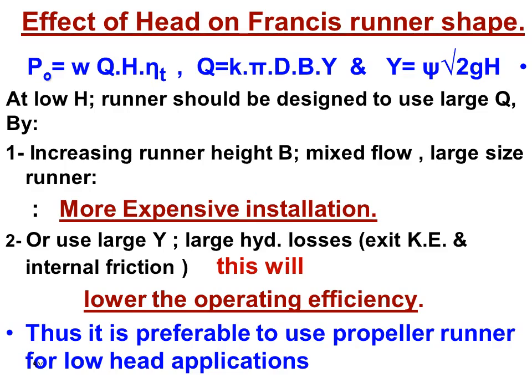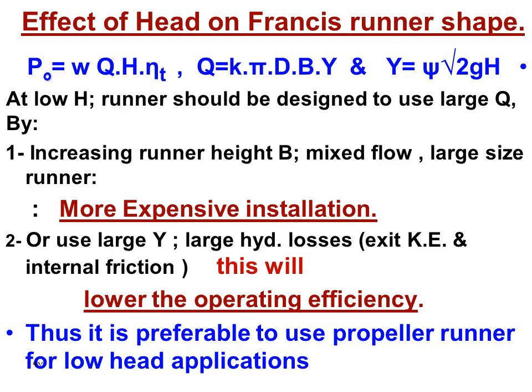This means that as you increase B, the size of the runner itself will be larger and it will be a mixed flow turbine. The other thing, when you want to increase Y, the internal hydraulic losses will increase in the form of exit loss and internal friction loss.